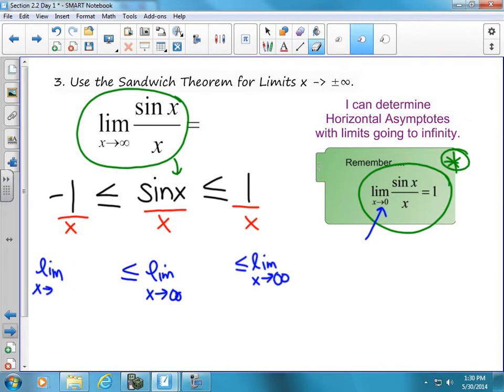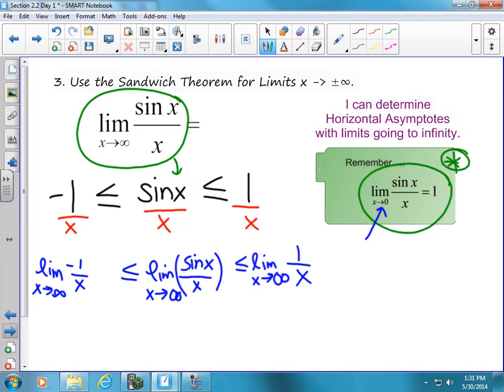All right. So as x goes to infinity, negative 1 over x. And this side is also 1 over x. That's a negative 1 over x. And then we have sine of x over x. Okay, using this sandwich theorem, the limit of negative 1 over x as x goes to infinity is equal to 0.